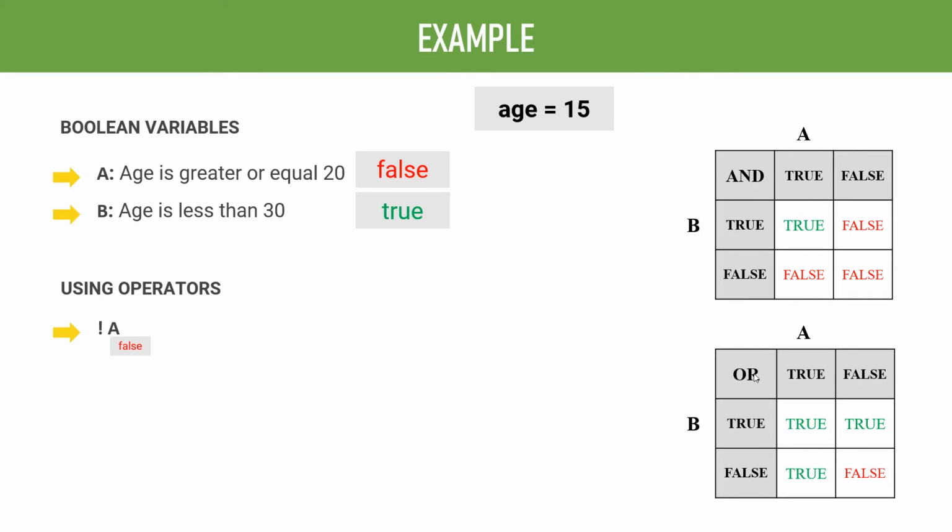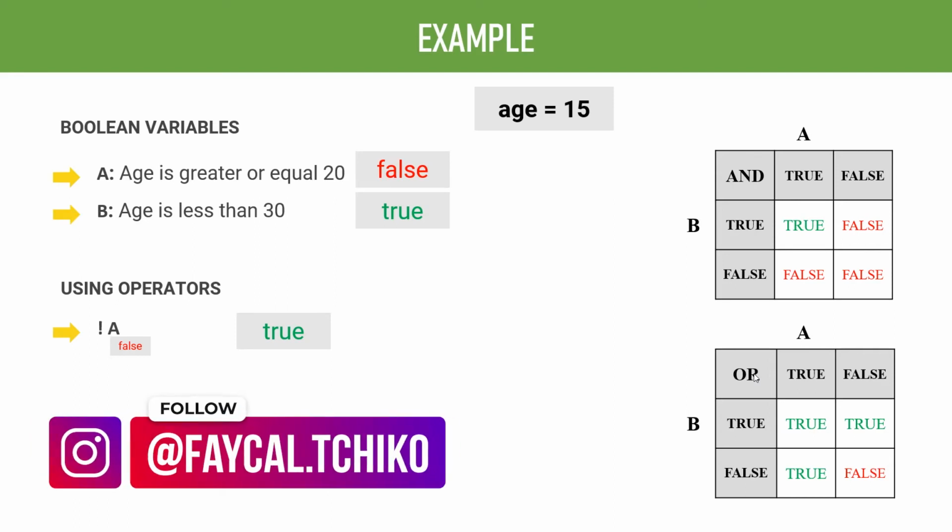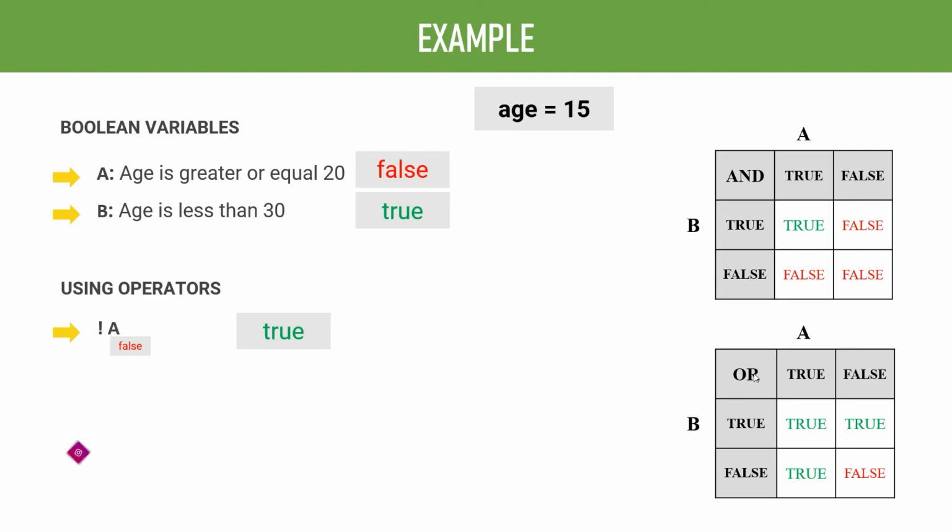So the result of NOT A, as we just learned, is true. We just invert. Remember, false to true and true to false. As I said, all it does is invert the logical value of the variable. So simple.